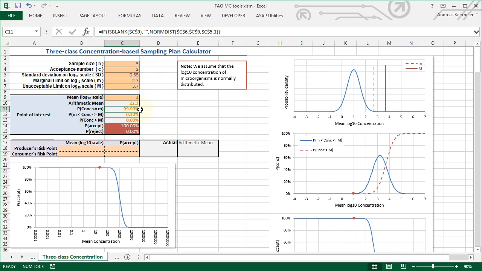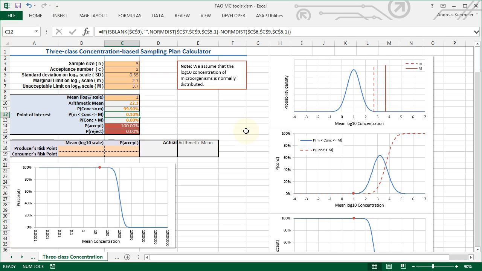So this is the proportion of analytical units that are considered acceptable. We also have a very small probability of analytical units from this food lot of exceeding the marginal limit, but not the unacceptable limit. So this is the proportion of analytical items that we would classify as marginal.